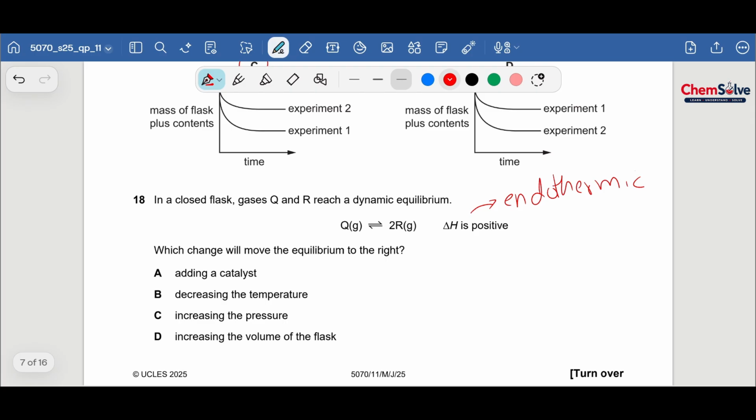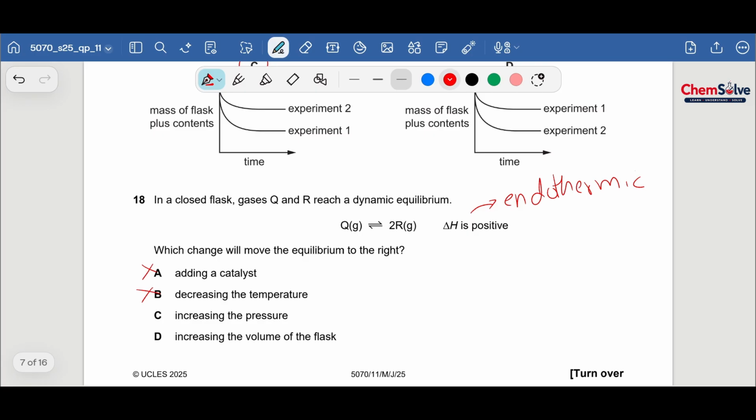Adding a catalyst? Obviously not, because a catalyst has no effect on the position of the equilibrium. Option B, decreasing temperature. As you know, this is an endothermic reaction, so if we decrease the temperature, the equilibrium will move towards the left hand side, so this is also incorrect.